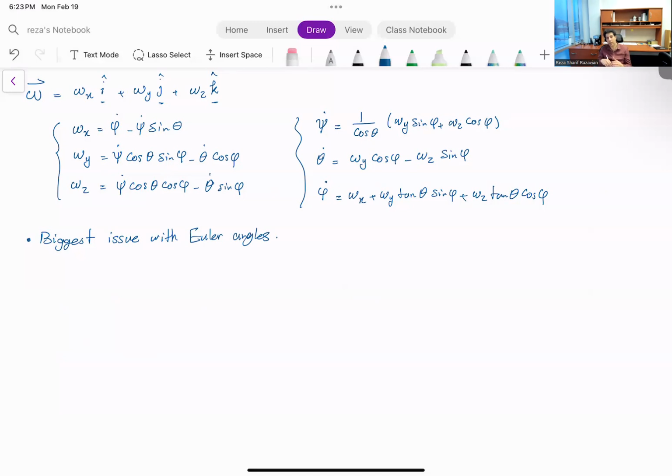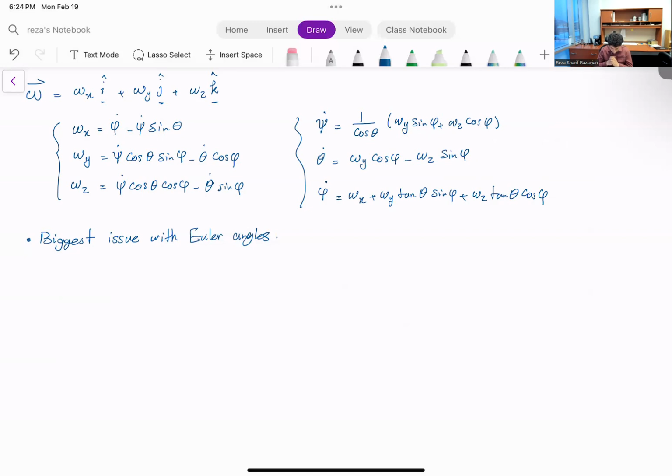Euler angles are not perfect, and there is one important limitation with them, something usually called a singularity, and it is unavoidable. Doesn't matter what Euler sequence you choose, that singularity exists.